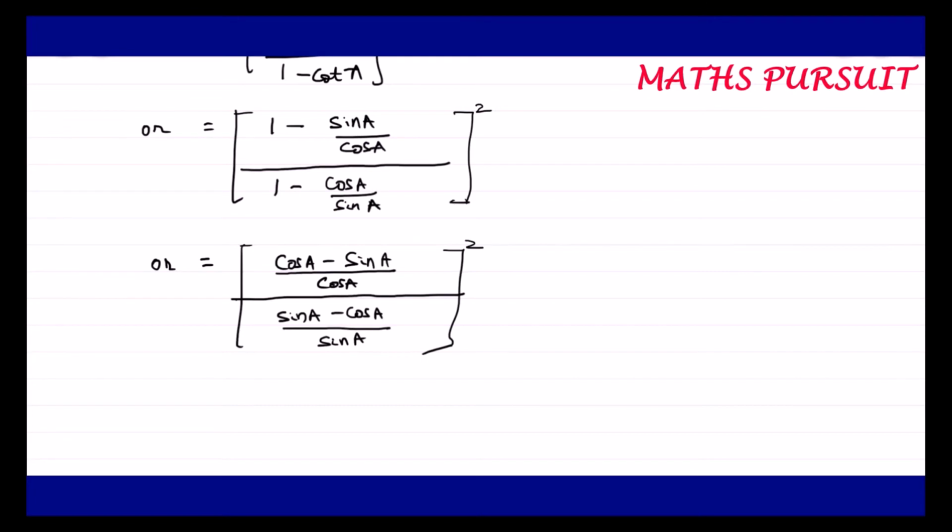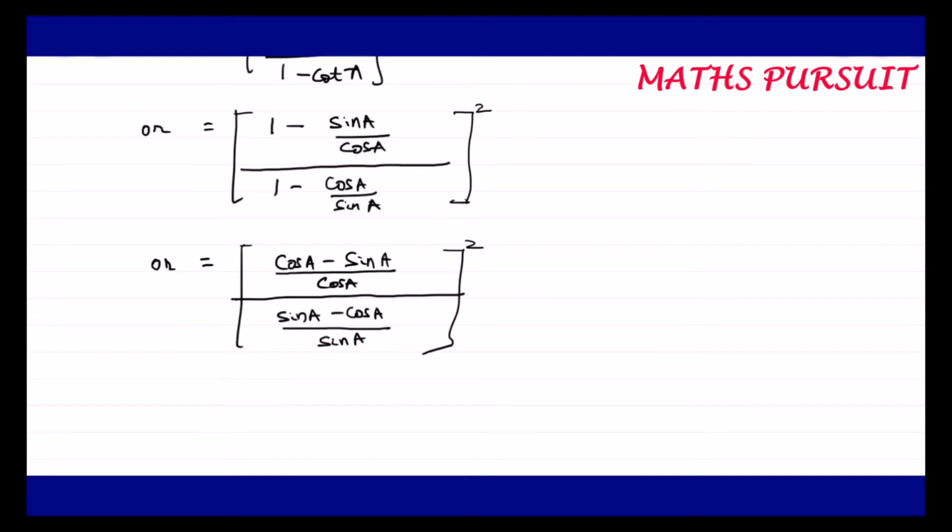This is what is given in the question. So what I did in the above step, I took cos A as the LCM in the numerator and solved this one. Similarly, in the denominator, I took sin A as the LCM and solved the equation.